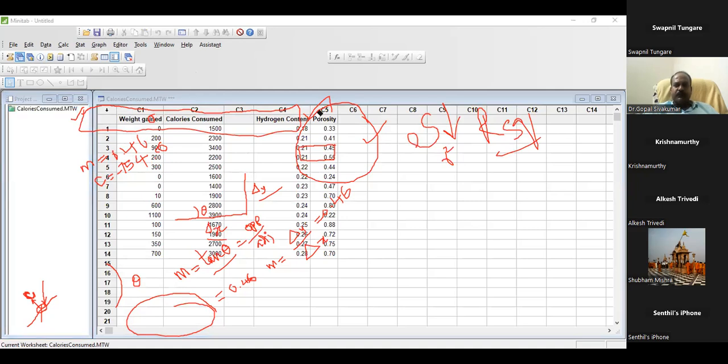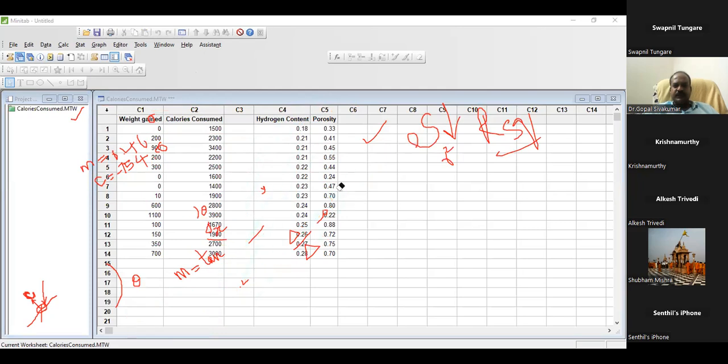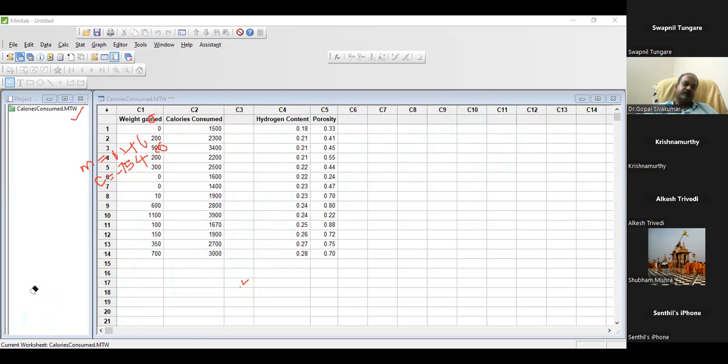Let me erase all these things so that you can see the hydrogen content and porosity clearly. Now, please guide me. How should I plot this regression equation?